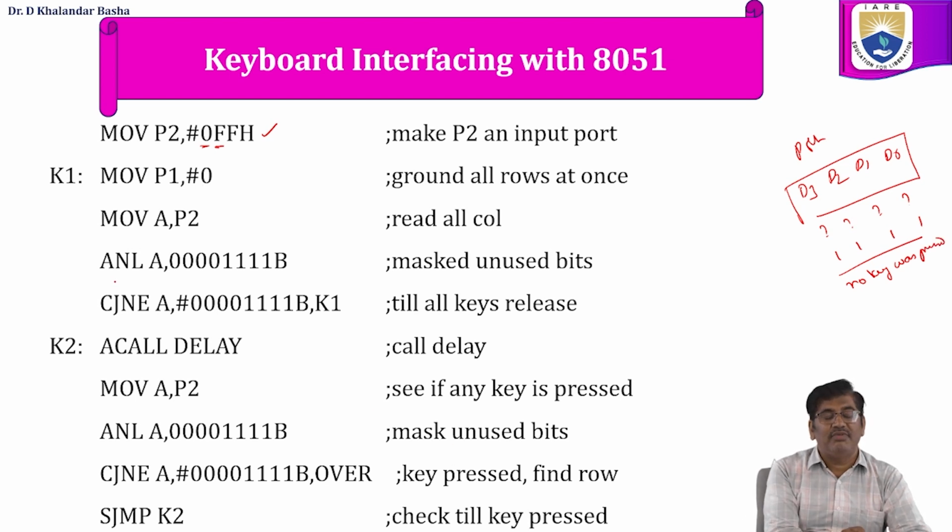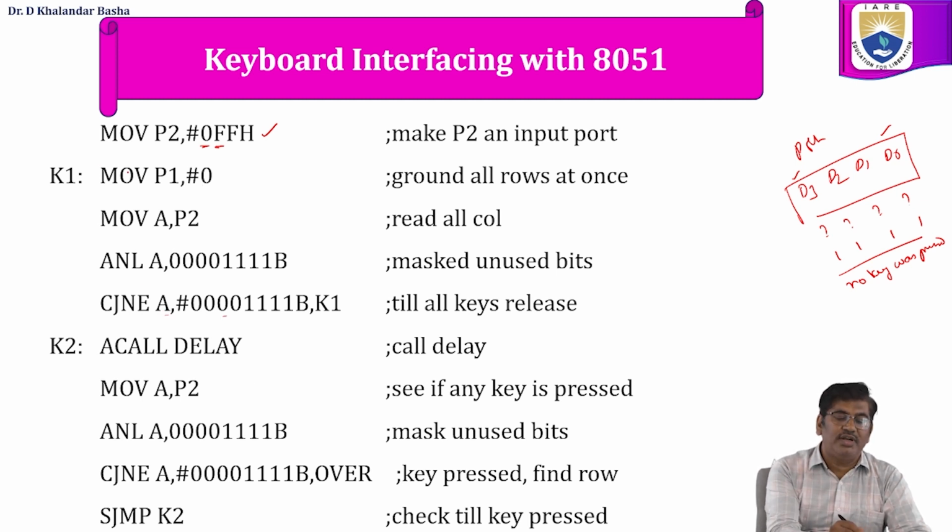So for checking it, we will AND the accumulator content with 0FH, or 00001111 in binary. This is for checking the D0 to D3 bits. Then we compare the accumulator with the pattern 00001111. When these two are equal, that indicates no key was pressed.